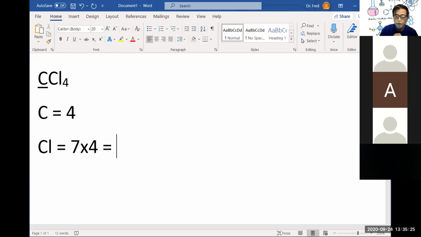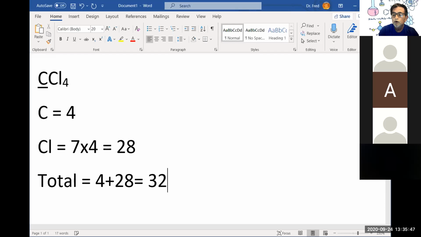So now what do we have? We have 28 valence electrons coming from the chlorides. And so our total would be the 4 from the carbon and the 28 from all of the chlorides to give us 32 valence electrons to work with, or 16 pair.